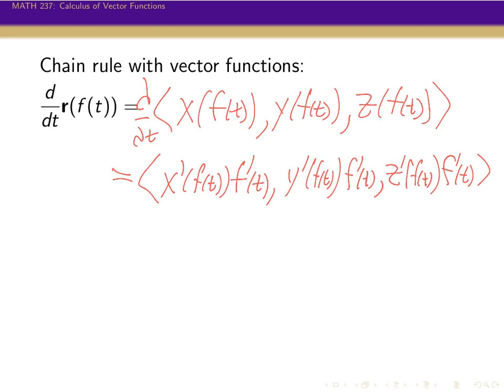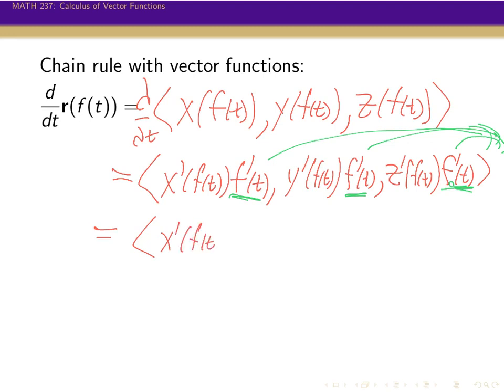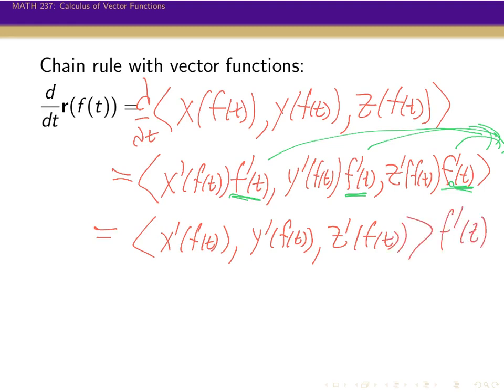And then looking at this, everywhere I have an f prime of t in there, I can pull those out. And we end up with x prime f of t, y prime f of t, z prime f of t times f prime of t.